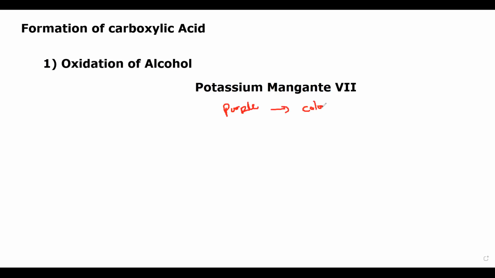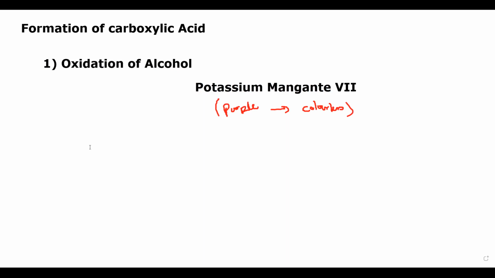We use potassium manganate 7. That potassium manganate 7 is an oxidizing agent, and when it is reduced, it will show a color change. It will turn from purple to colorless. So this is the color change when we use this oxidizing agent.